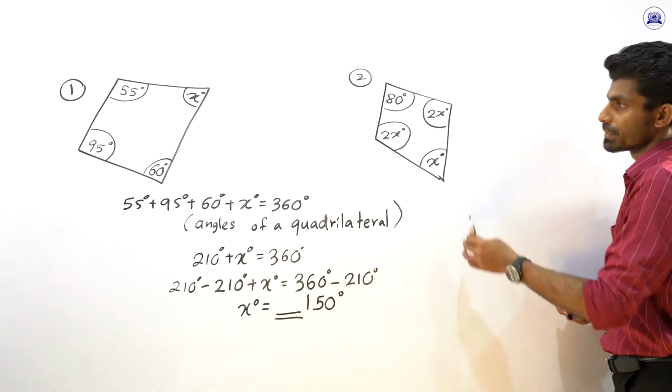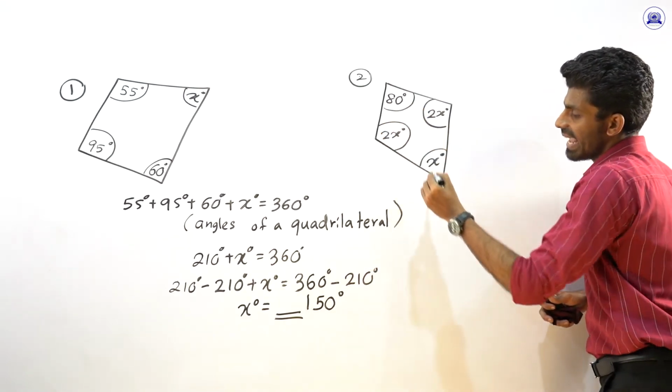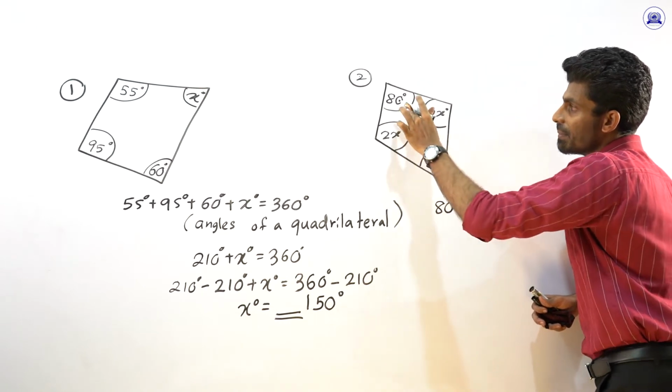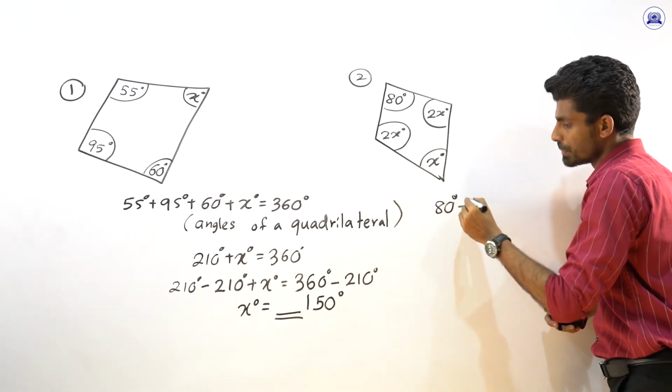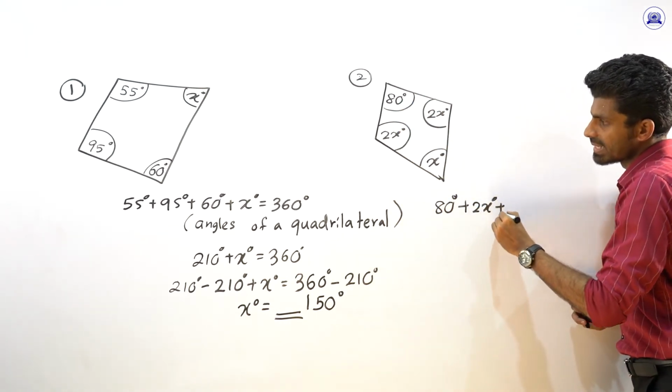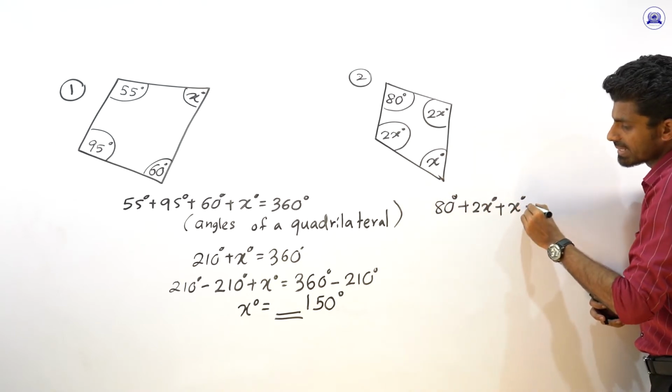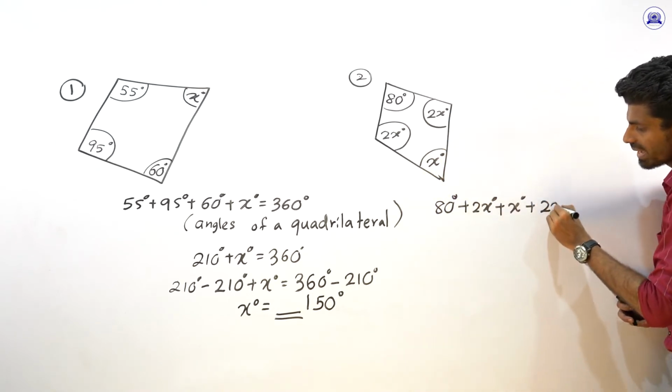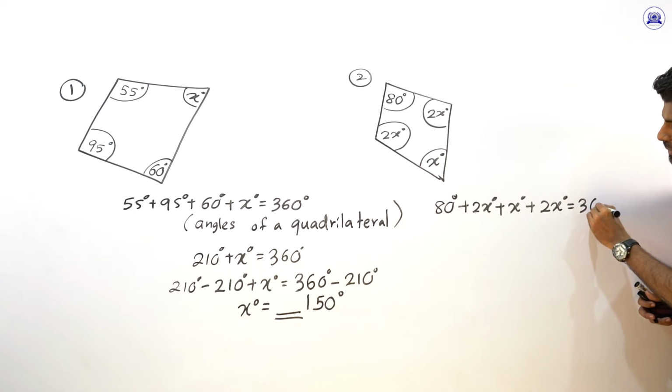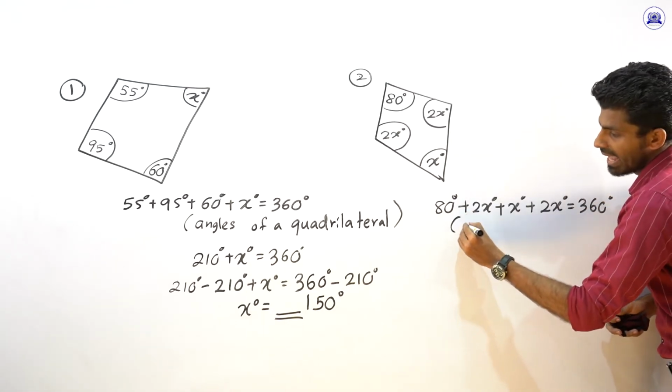Let's move to the second question. 80 plus 2x plus x plus 2x equals 360.